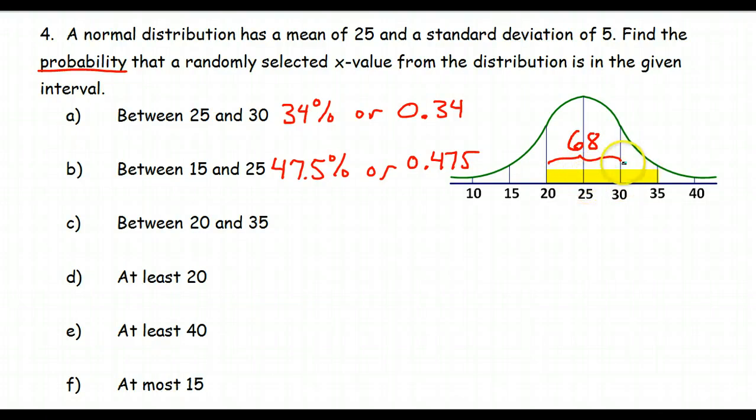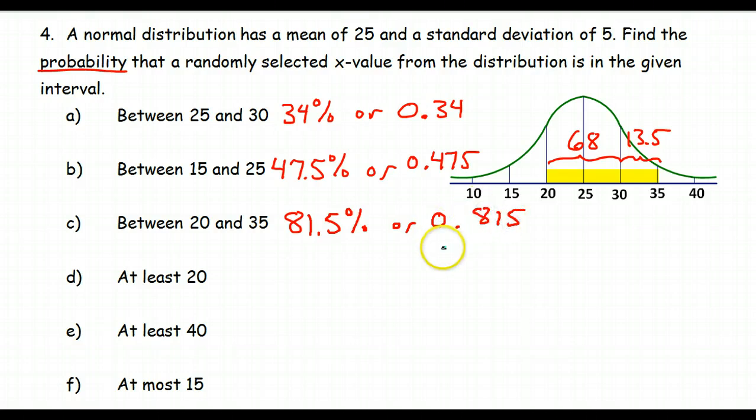And then this zone right here is our 13.5. So if we add those two numbers up, that should give us the percent. So that is 81.5%, or we could say 0.815 instead. Those mean the same thing.